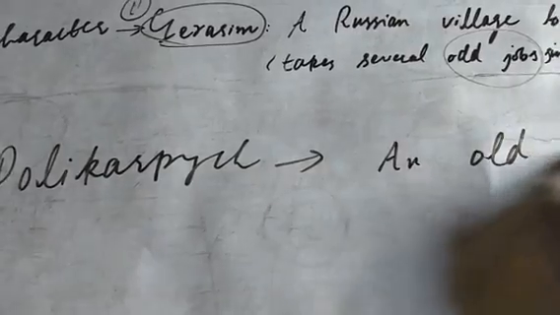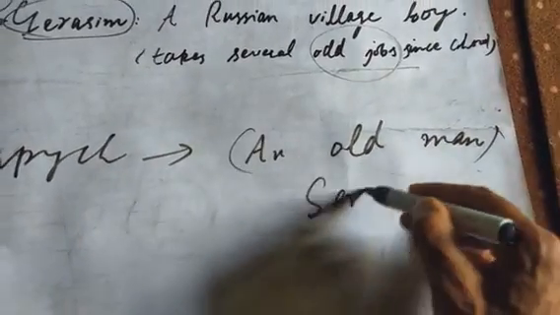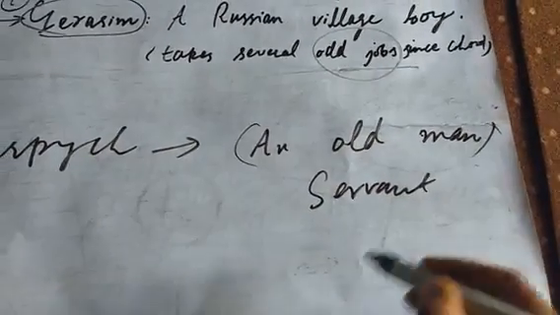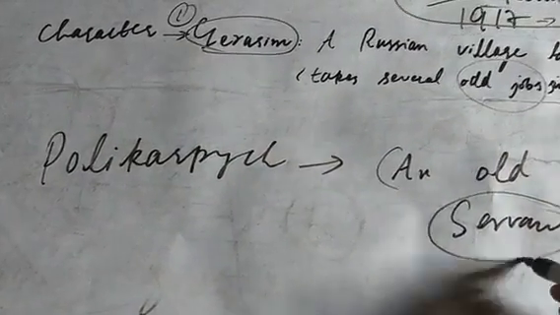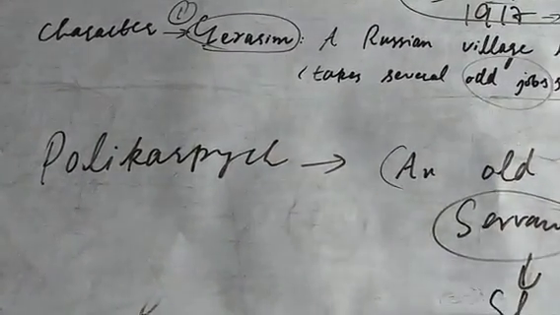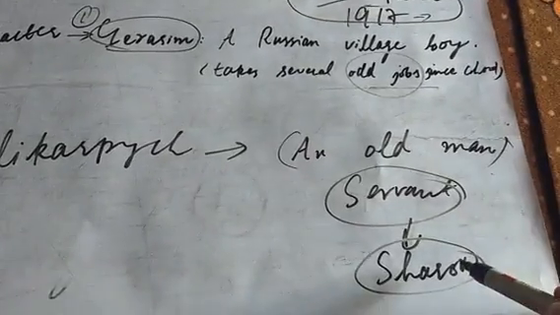Although being old, he is a servant, a servant to Shrow. Are you getting me? Polycopech is servant of Shrow, but he is very old.